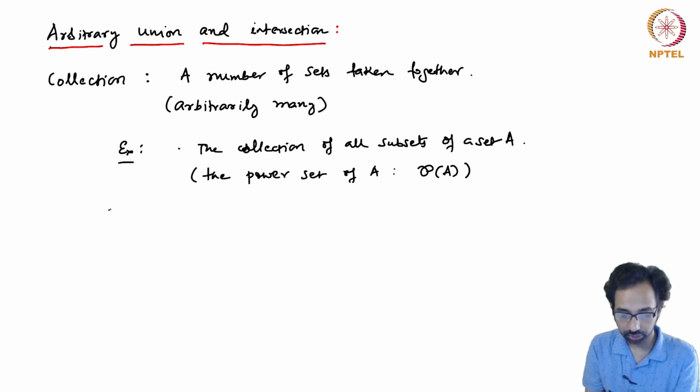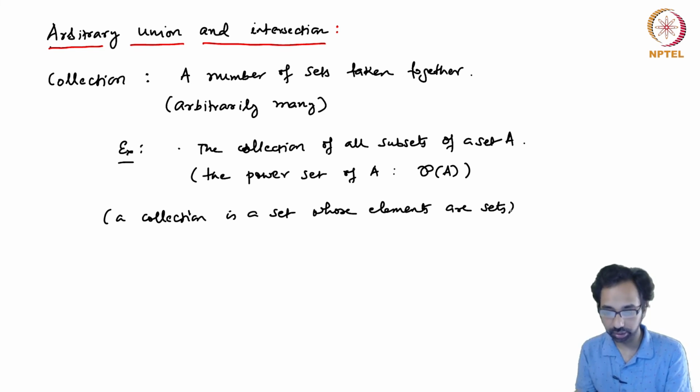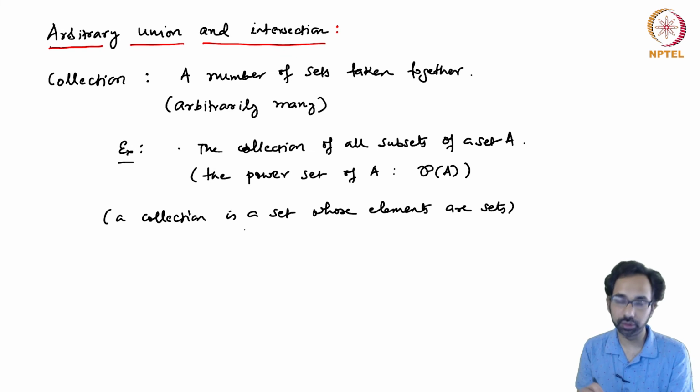Okay, so a collection is a set whose elements are sets. For example, in this example with the power set, each element of the power set is itself a subset of A, so it is a set.